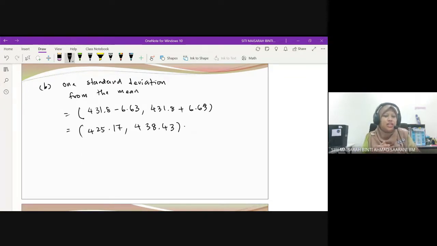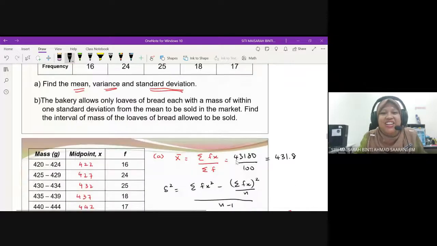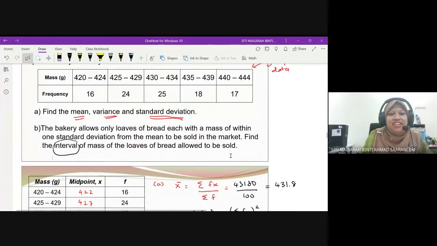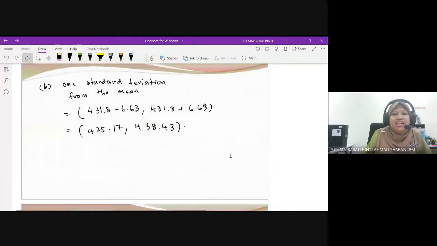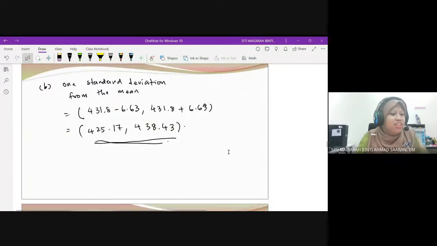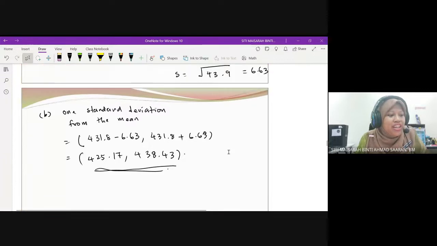Okay, so jadi carilah. Oh, dia nak interval saja. Okay, soalan dia nak interval saja. Find the interval. So jadi interval dia yang ni je lah. Ini. So kalau tengok ni interval mana yang boleh.